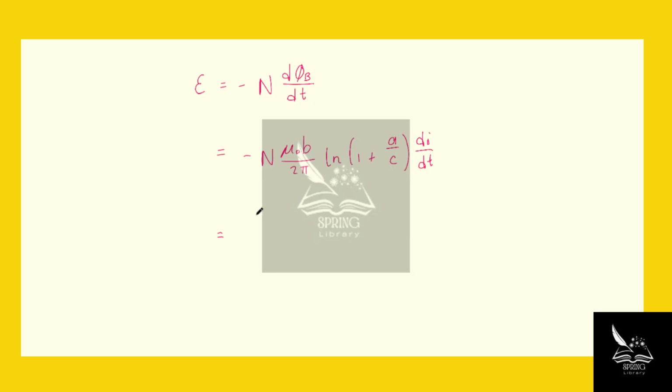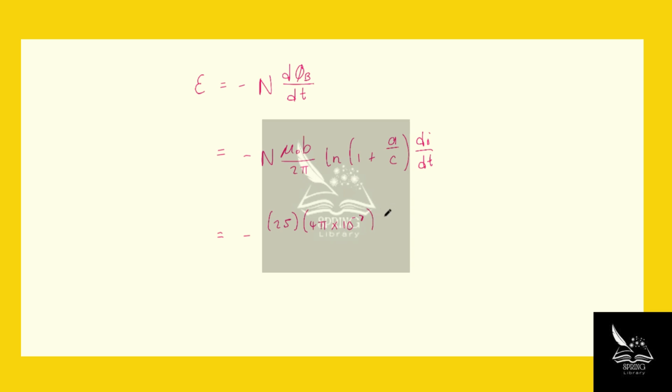Now we can substitute our values into this and we get minus, and n is 25 turns, times mu naught, which we know is 4 pi times 10 to the minus 7 in SI units, which is Weber per ampere meter squared.